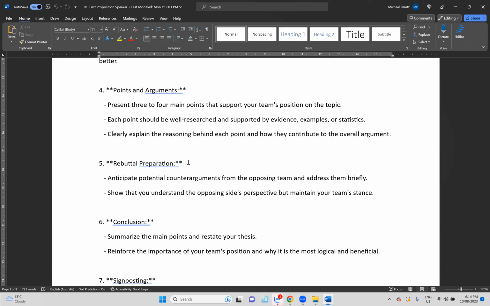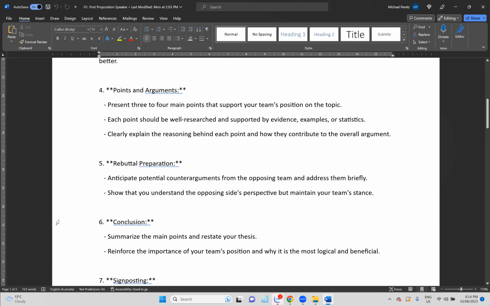So we try to guess what they're going to say and try and take away their chance to weaken our case. And it also has the added benefit of showing that you understand the opposing side's point of view, but you still think your team has the stronger case, and you still think your team makes the better point.